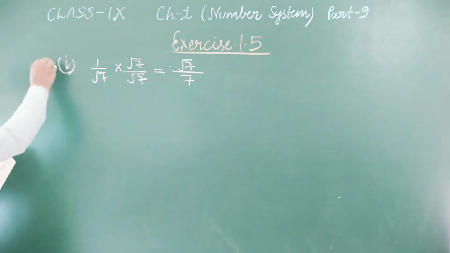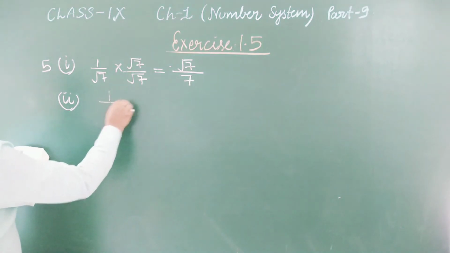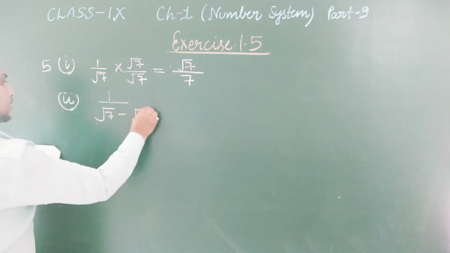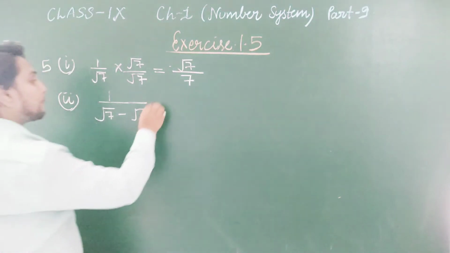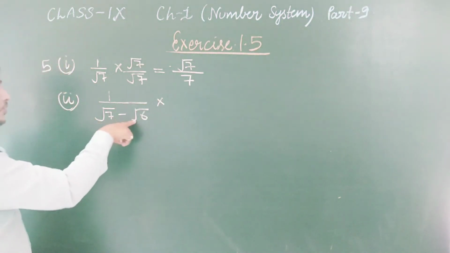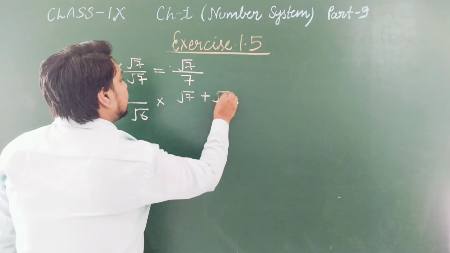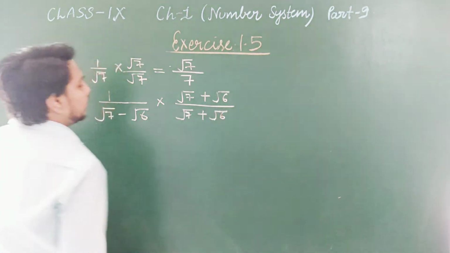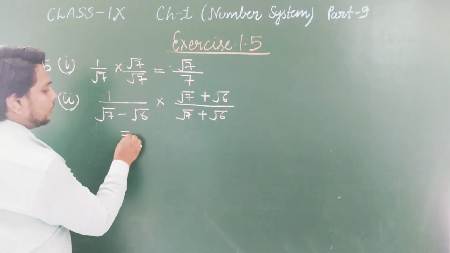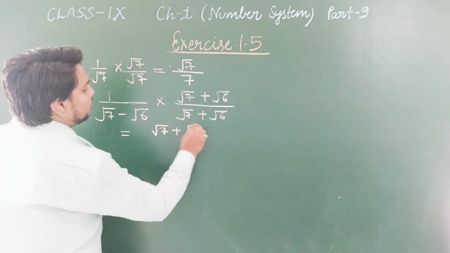Question number 5, second part, is 1 upon under root 7 minus under root 6. How do we do this? As I have told you, if there is a negative sign in the denominator, then you multiply with the positive sign in the numerator as well as in the denominator. So in the numerator, 1 into (under root 7 plus under root 6) will be under root 7 plus under root 6.